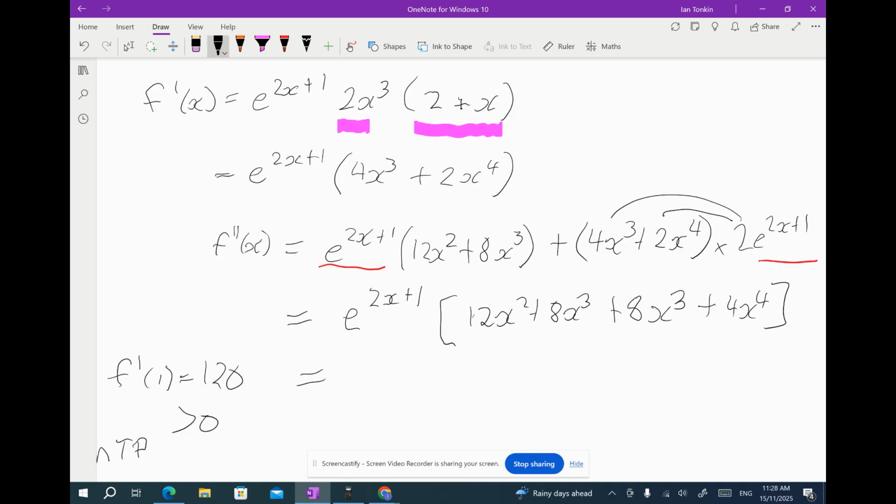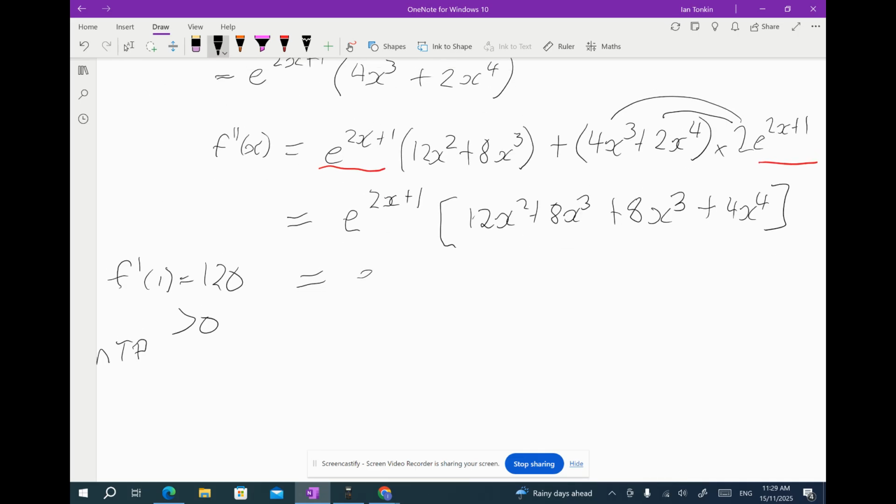Right, you can see how this is crazy. E to the 2x, I'm not worried about that because that can never equal 0. I tidy up what's inside the parentheses. So I'm going to put the 4x to the 4 first, my leading term. I've got 2 8x cubed, so I've got 16x cubed. And I've got a 12x squared.